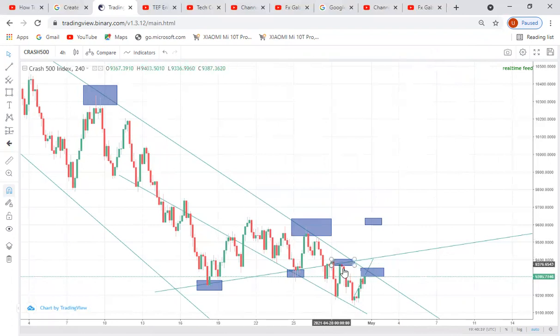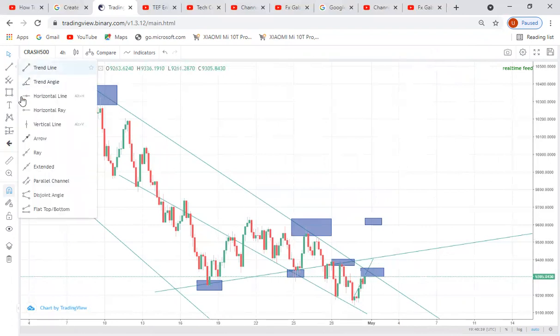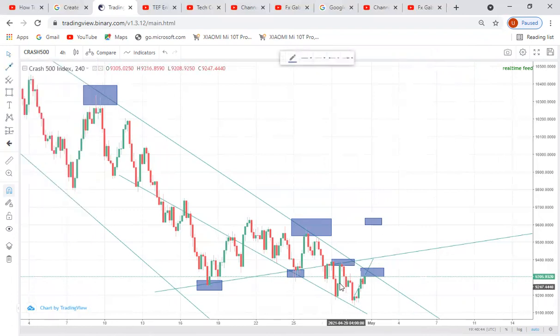So now, I'm not going to rush and enter anything. If it's still buying, I will allow the price to move to this level where I have my resistance traced.